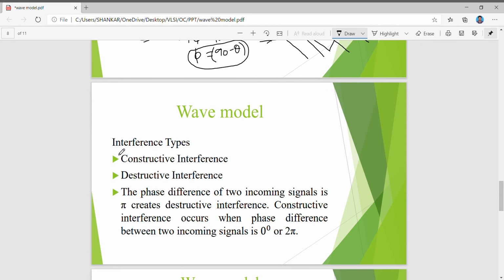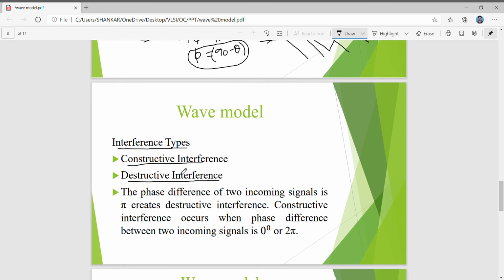Generally the interference inside the waveguide is of two types. One is constructive interference and the other is destructive interference. There are two types of interference which exist inside the waveguide.